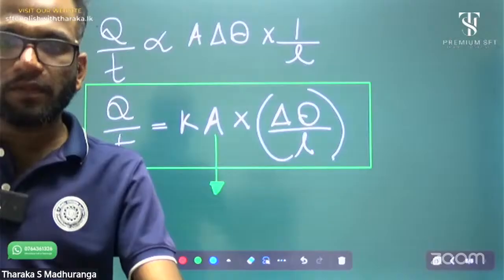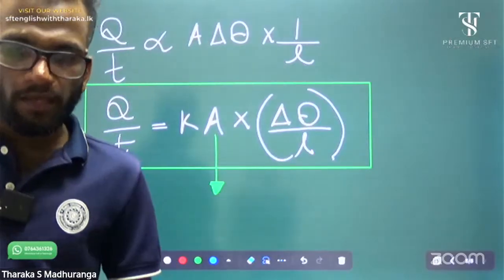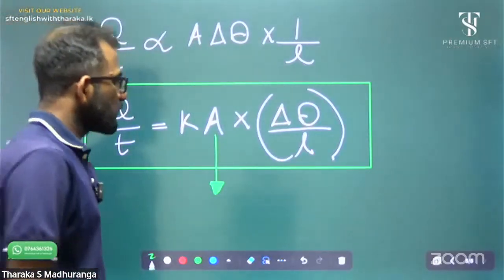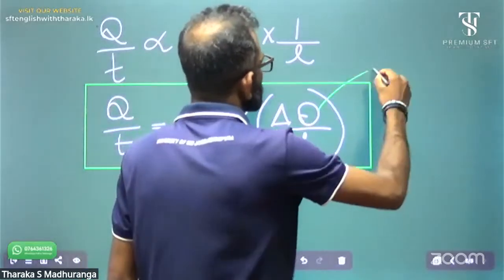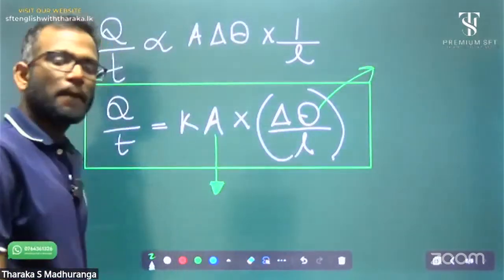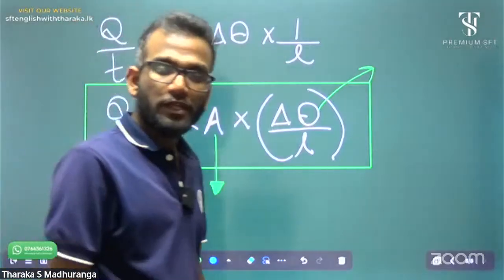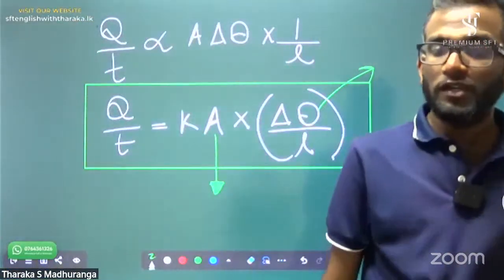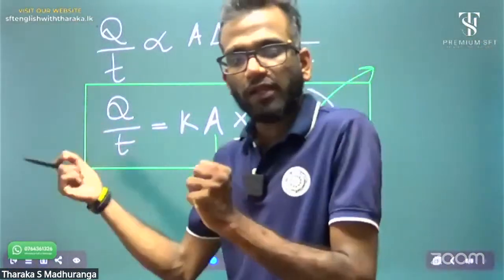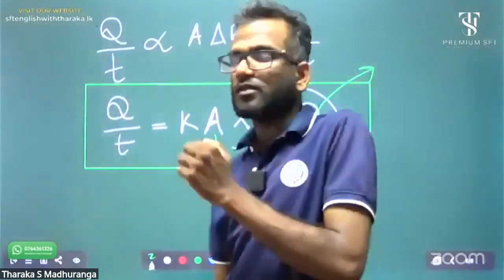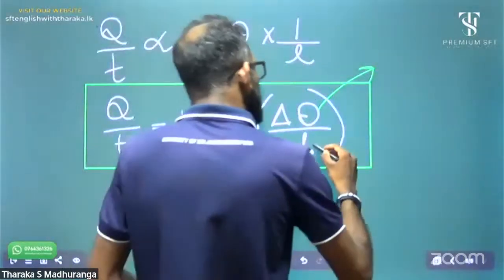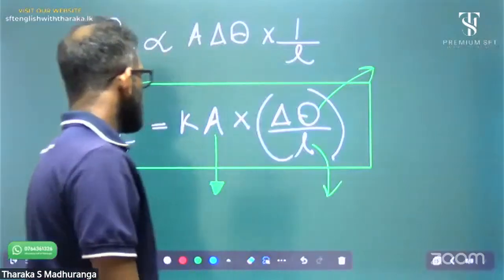Cross-section area. Very good. What's the name of delta theta? Temperature difference: final temperature minus initial, or large value minus small value. L means length.